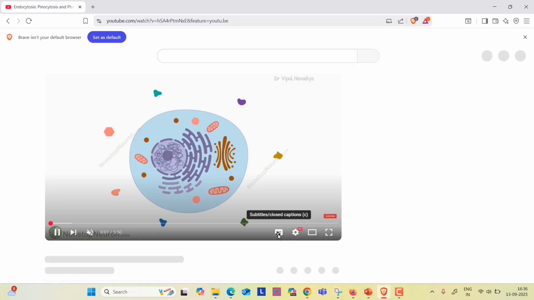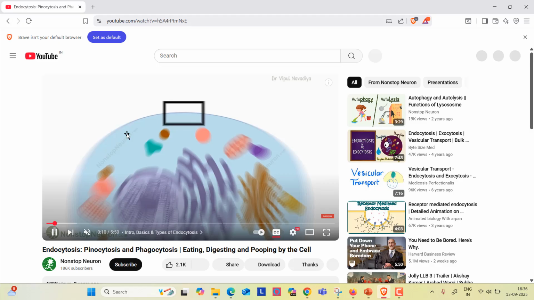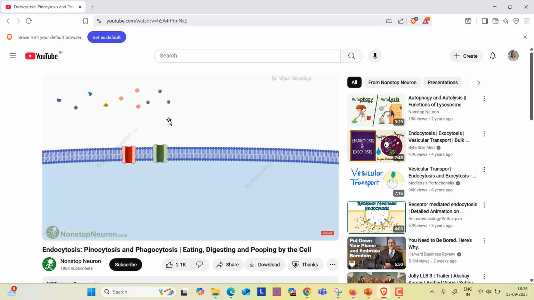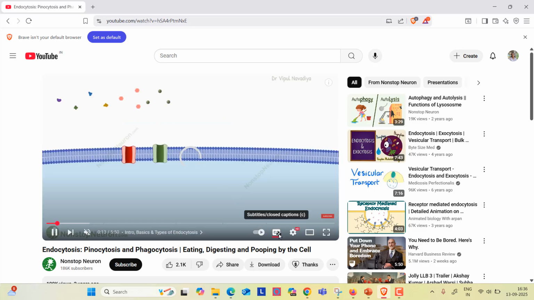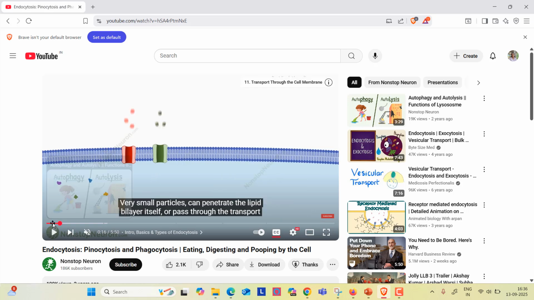This is talking about overall endocytosis. So you can see here from the start.